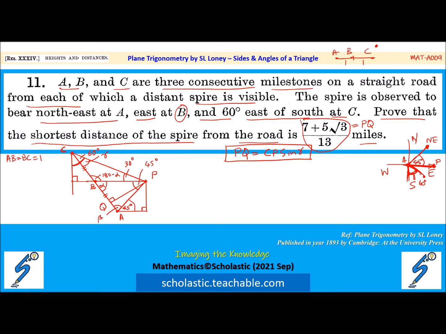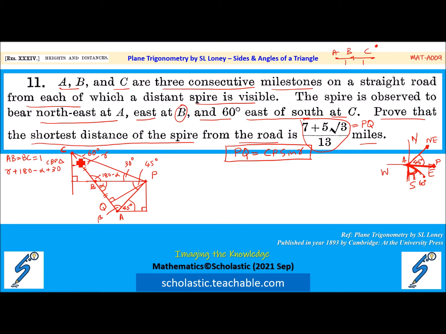So what can we do? Let's try the angle gamma. Angle gamma plus 180 minus alpha plus 30 from triangle CBP.